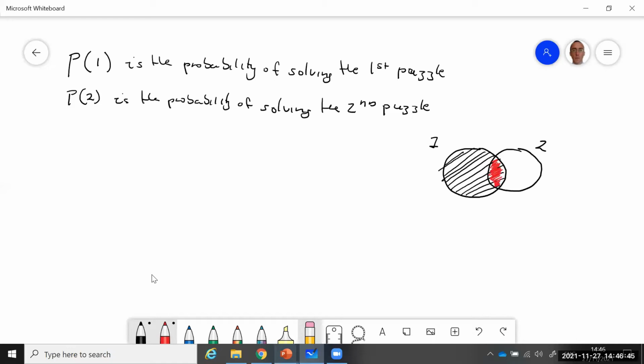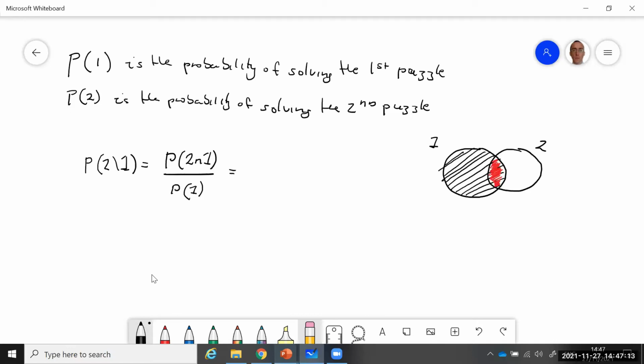That is the probability of 2 given 1, expressed in normal notation. And the formula for that is the probability of 2 intersection 1 all over the probability of 1.